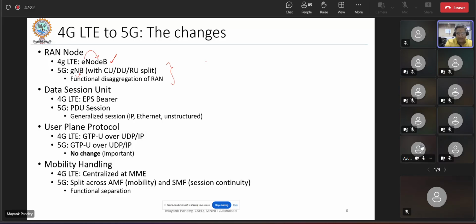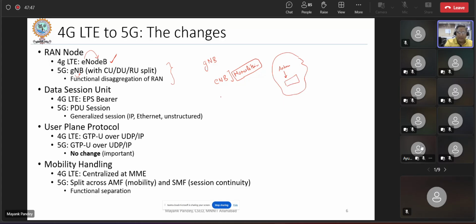This G node B, which was E node B before, was monolithic. Everything in one: the antenna, the transceiver logic, the box within, everything is in one monolithic unit.